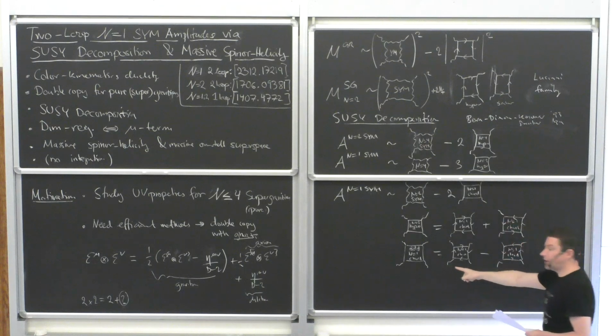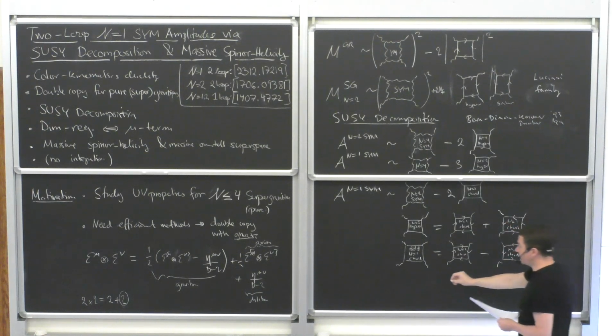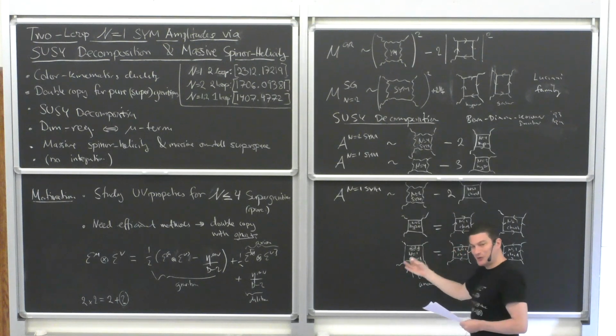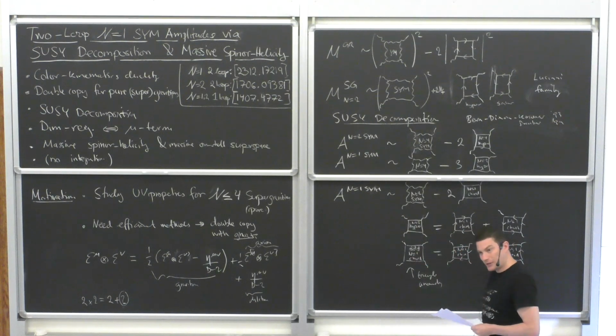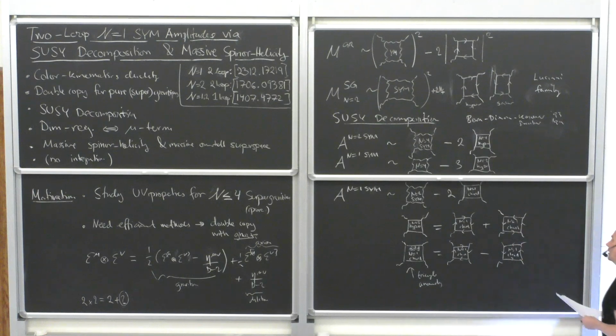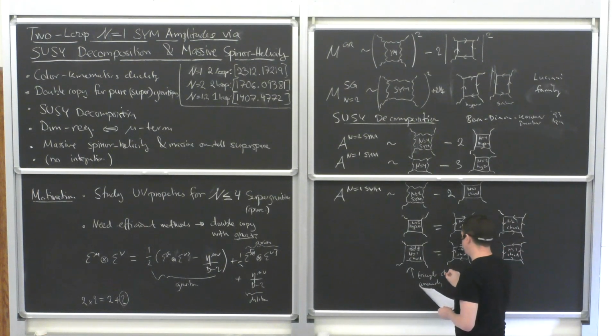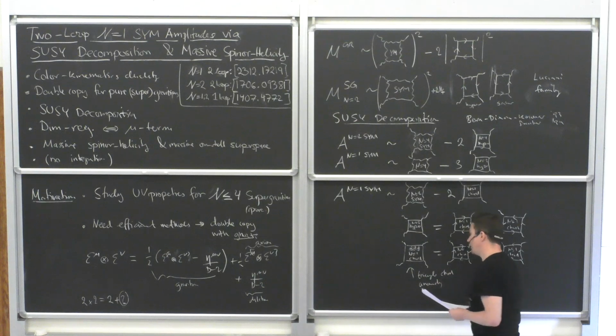Usually we don't care about this one because it is related to the anomaly, the triangle anomaly. Obviously, I wrote a box, but if you do this for triangles, you're going to get the triangle anomaly, or the chiral anomaly. So usually we ignore those kinds of diagrams.